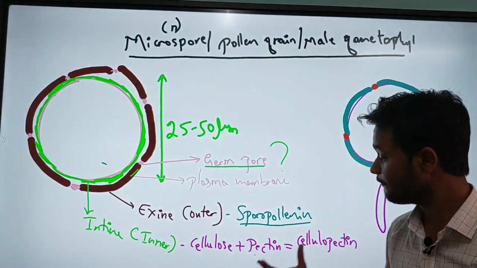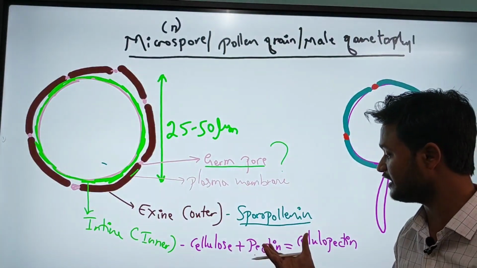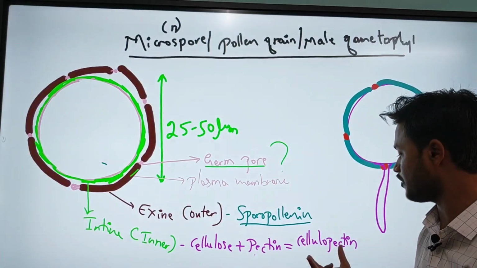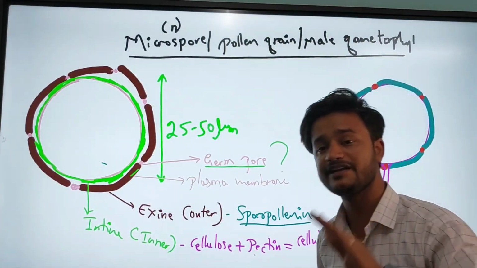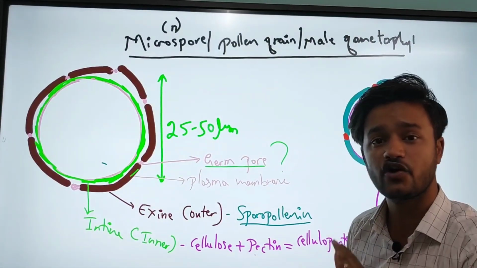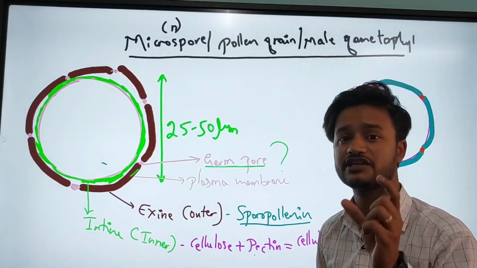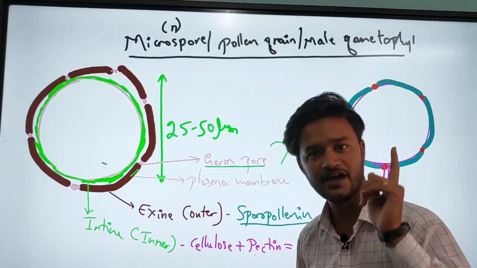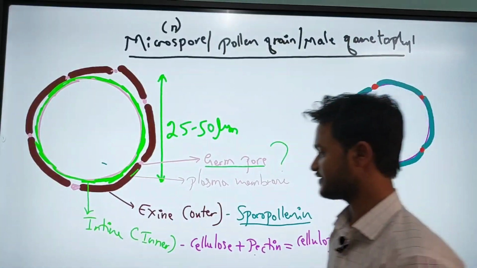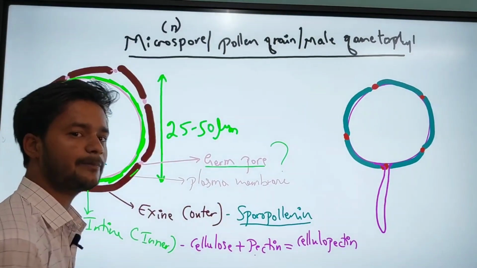Intine is made up of pectocellulose, that is cellulose and pectin, called pectocellulose or cellulopectin material, right. So the pollen tube is an extension of the intine region, not the exine region, through the germ pore. The germ pore is a region of the exine where sporopollenin is absent, right. So this is about the layers of the pollen grain.